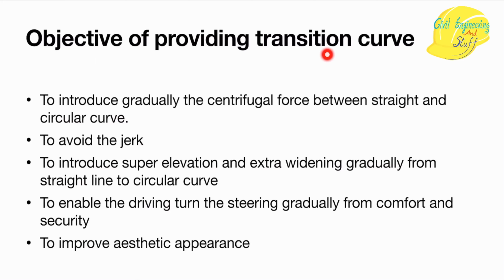The objectives for providing a transition curve are to introduce centrifugal force gradually between straight and circular curve, to avoid jerk and provide comfort for the driver, to introduce super elevation and extra widening gradually, to enable the driver to turn the steering gradually, to provide comfort to the driver turning through this horizontal curve in a very gradual way, and to improve the aesthetic appearance, right? So these are some of the positive impacts of the transition curve.